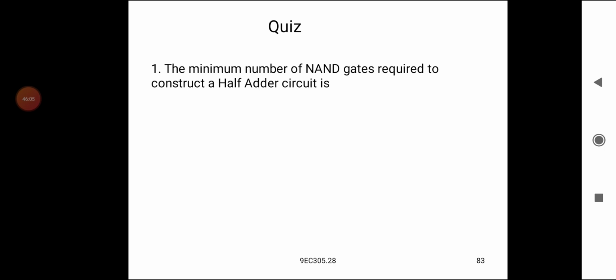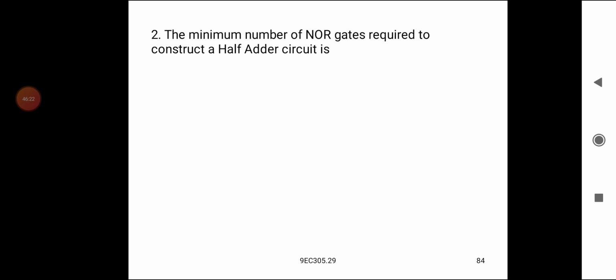The quiz: the minimum number of NAND gates required to construct a half adder is: A 5, B 6, C 7, D 8. Answer is 5.